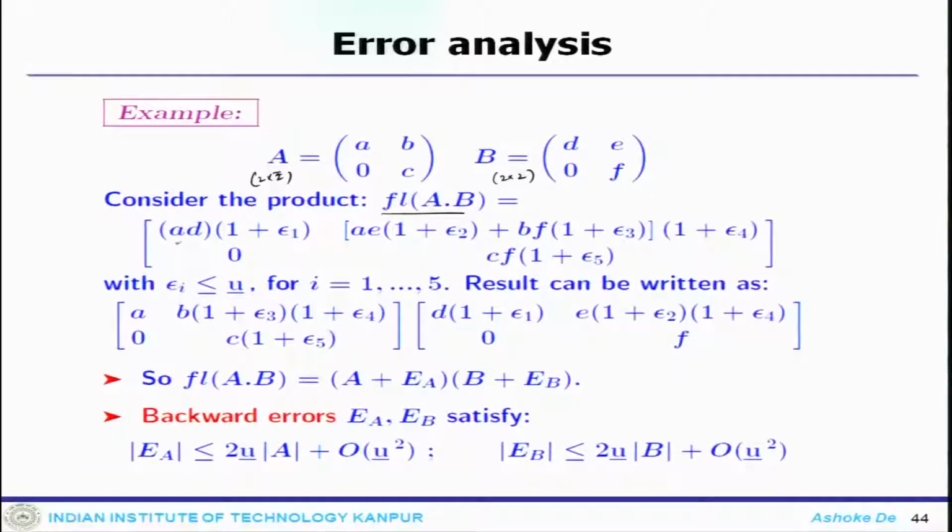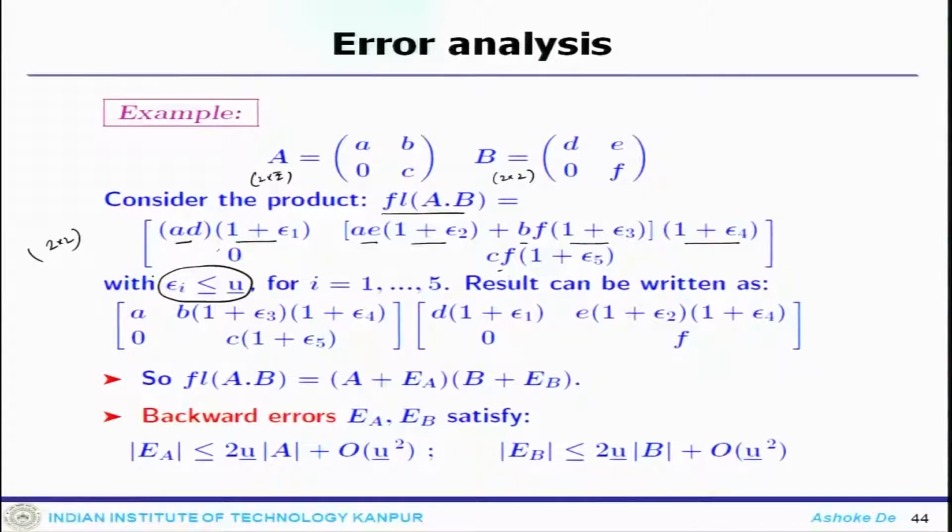First term you get AD times 1 plus epsilon 1, second term AE times 1 plus epsilon 2, plus BF times 1 plus epsilon 3, and the whole thing multiplied with 1 plus epsilon 4. This exactly follows the multiplication rule that we have discussed earlier. The 0 term stays 0 because both have 0, and the last term would be CF times 1 plus epsilon 5. All these epsilons 1, 2, 3, 4, 5 are basically small numbers.